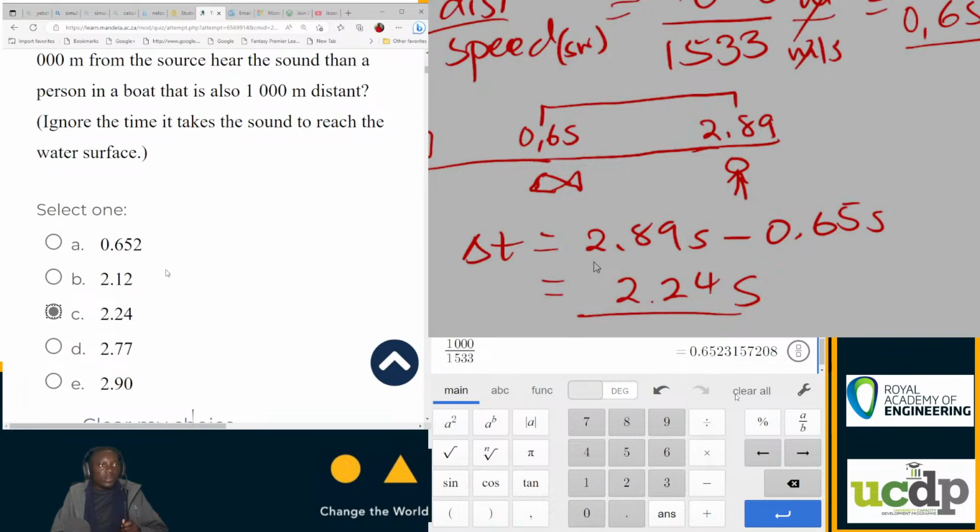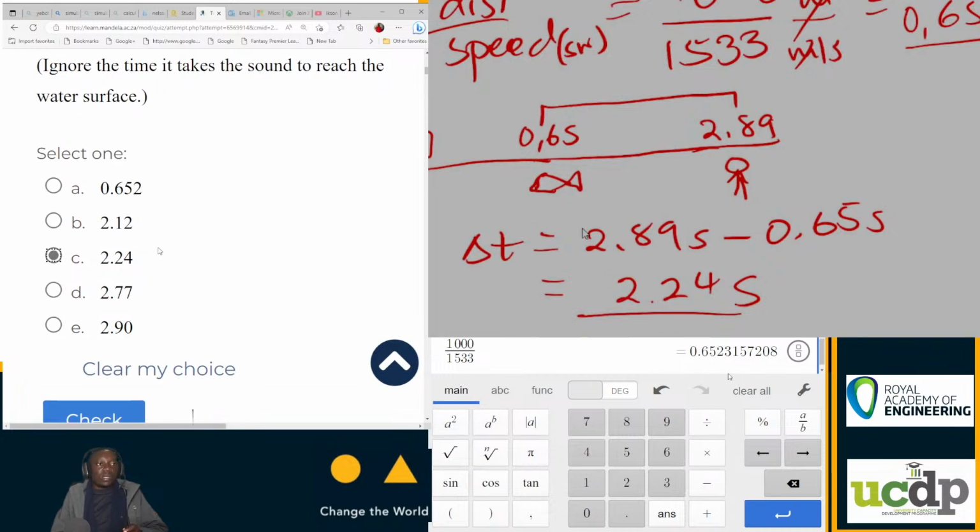Take note, you need to use the proper speed of sound in air and the given speed of sound in salt water to get this correct value. Otherwise, if you use 340, which is not the speed in air at 25 degrees Celsius, then you might get other values that are to a different decimal place.